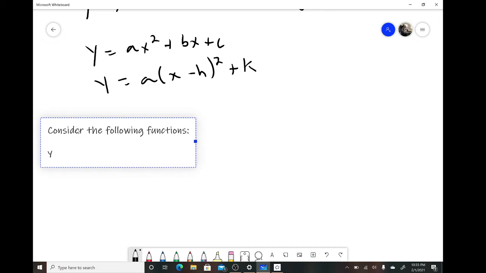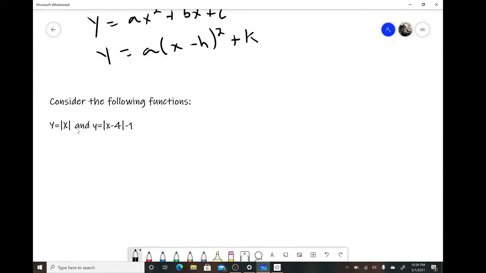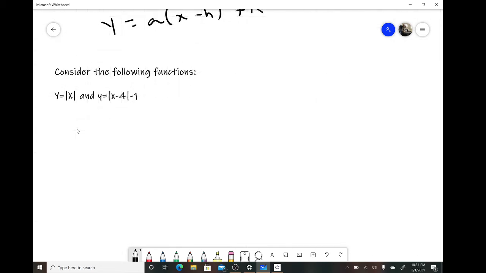One of them is the absolute value of x, and the other one is the absolute value of x minus 4, minus 1. And I want to graph both of these functions on the same axis, on the same plane, and then I want to describe what the transformation is.